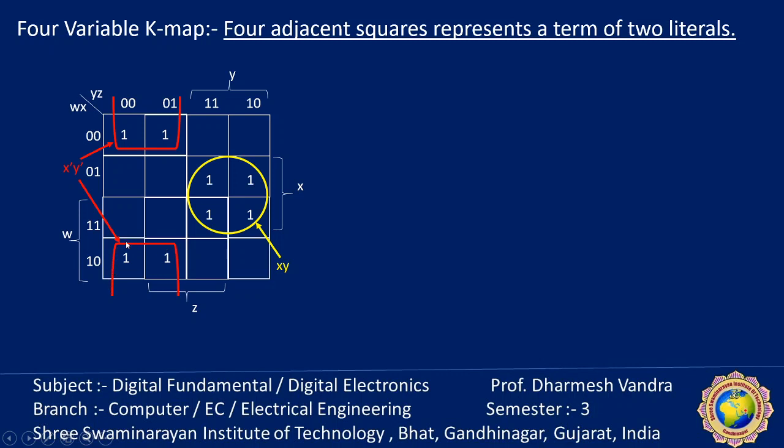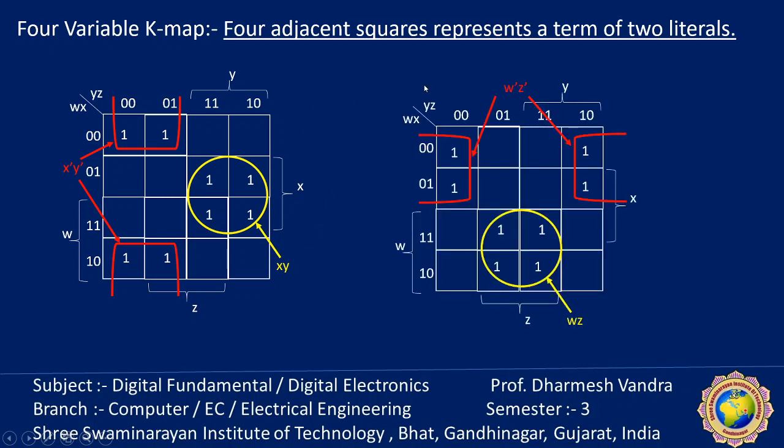They do not understand that a bunch of 4 minterms is possible in the upper and last row. Similarly, the other possibility is this middle one. So this is x y, because the second row is x and the last two columns are y.